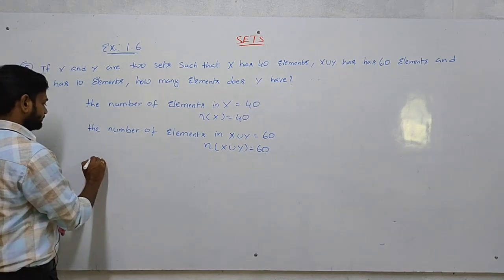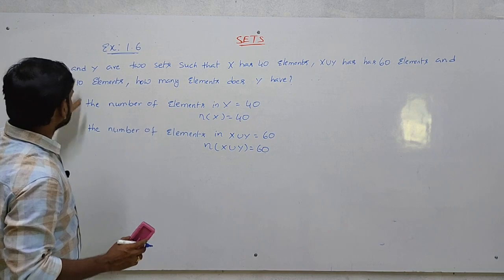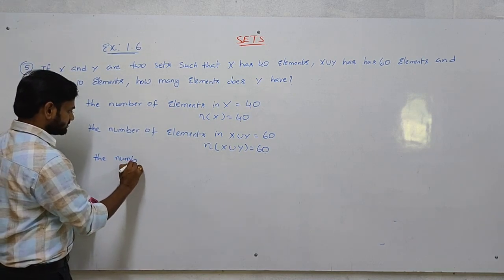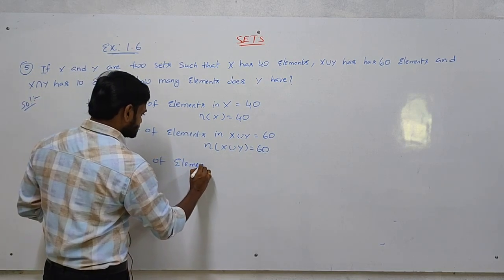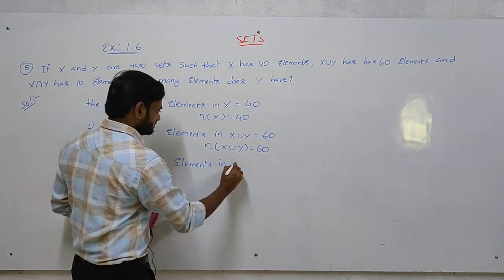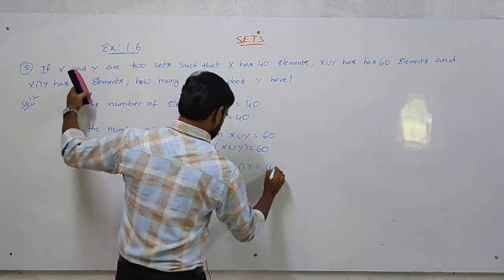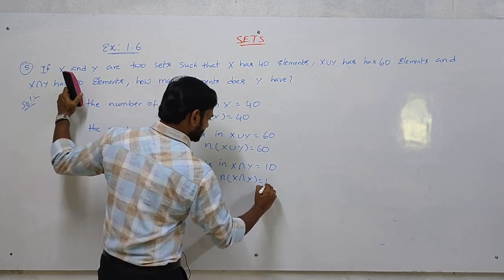Next, what is given? X intersection Y has 10 elements. The number of elements in X intersection Y is equal to how many? 10. That is n of X intersection Y equals 10.